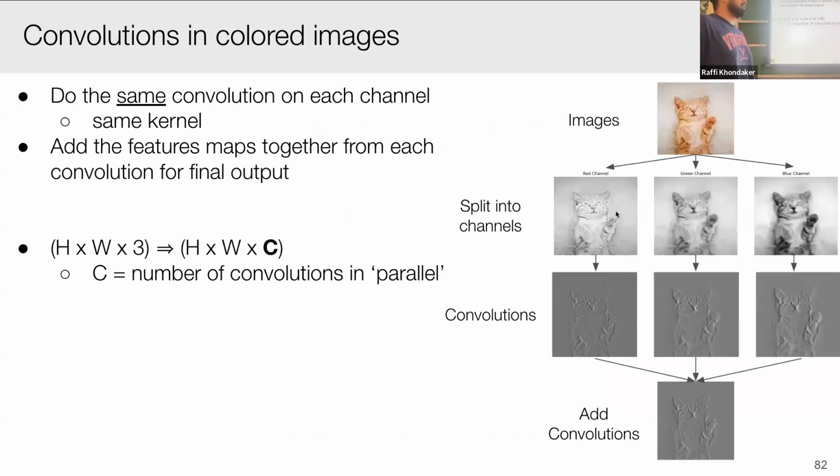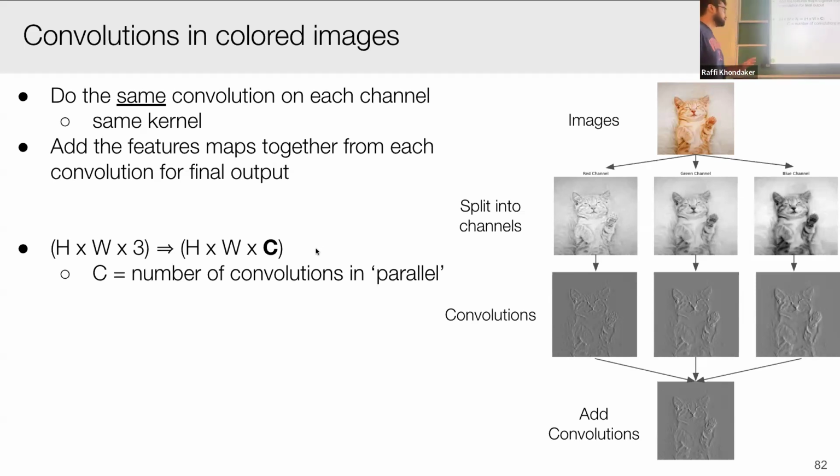And then we do the convolution. Remember, it's the same set of convolutions on each of these separate channels. And then we add up the results, and that's how we get our input to the next set of convolutions. So we just have this extra step at the beginning where we split into channels, do convolutions, and then add them back up.